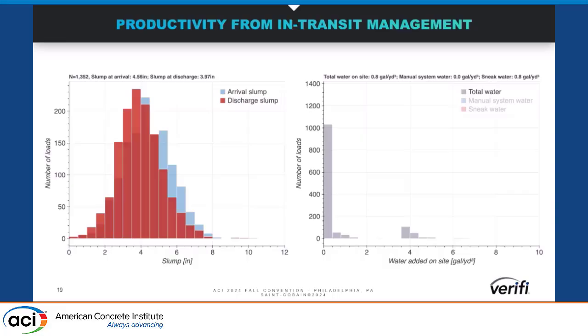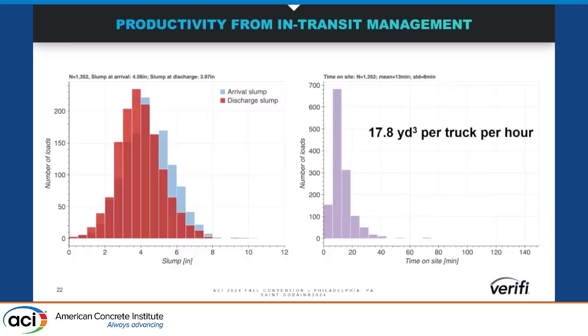So what that means is that as soon as it gets there, it's ready to go. So if we look at total water again, that bar on 0 is much higher. The manual system water, they've decided not to do that, or they don't need it. And you get some sneak water here now and then, but it's very, very minimal. All right, not surprisingly, I'm keeping the axes the same here for the time on site, you're under 40 minutes, right?